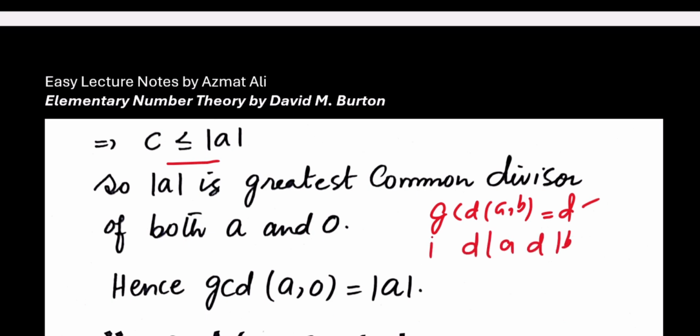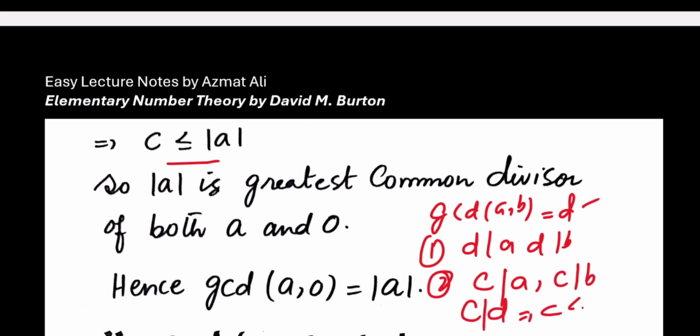This is the first condition. The second condition says that if C is any other common divisor of a and b, then C divides d, and this implies C is less than or equal to d. This shows that d is the greatest common divisor of a and b.